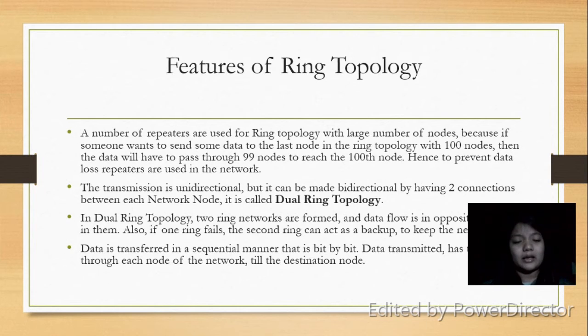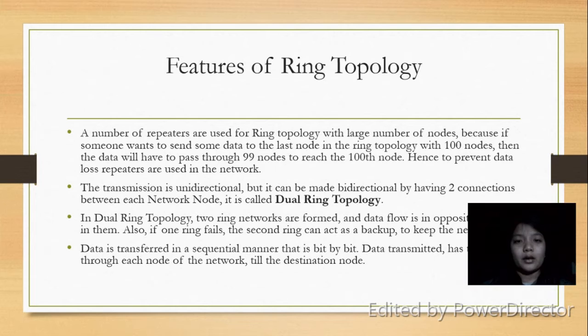In dual ring topology, two ring networks are formed, and data flow is in opposite direction in them. Also, if one ring fails, the second ring can act as a backup to keep the network up.